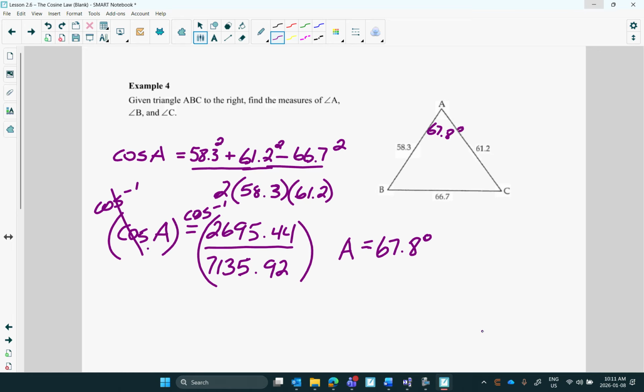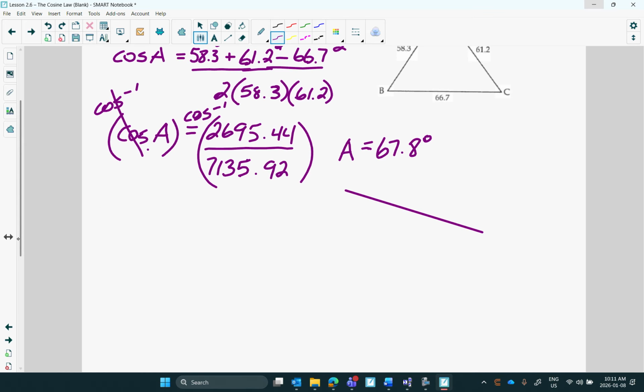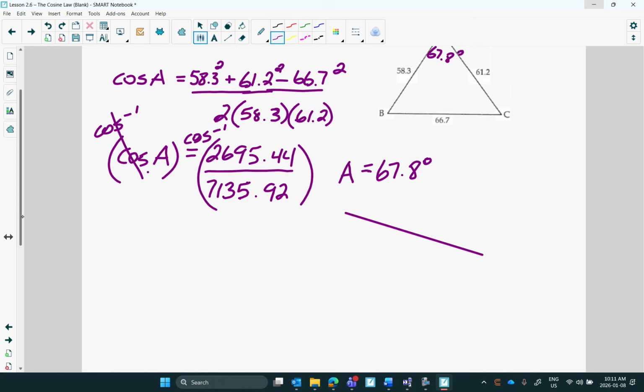And now we basically do the same thing again to find B or C. Except we have to switch where the numbers are located. So let's, might as well do B. I'll do it in blue. So the cos of B, somebody tell me what the top's going to look like? 66.7 squared plus 58.3 squared minus.